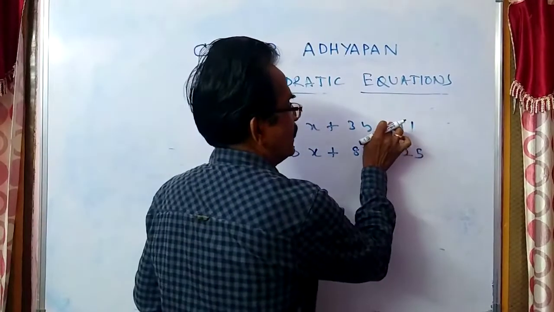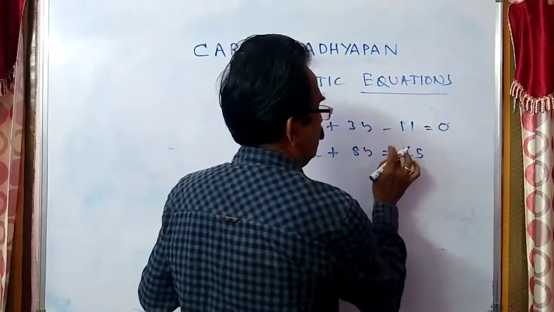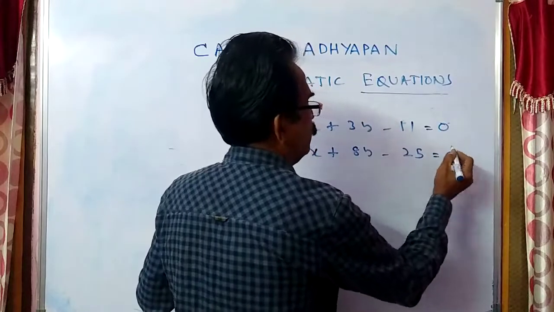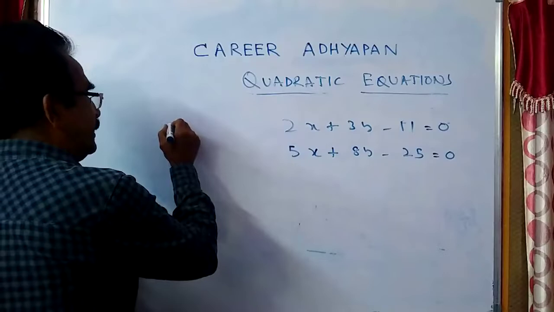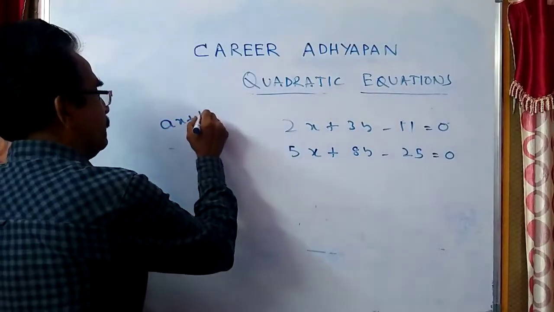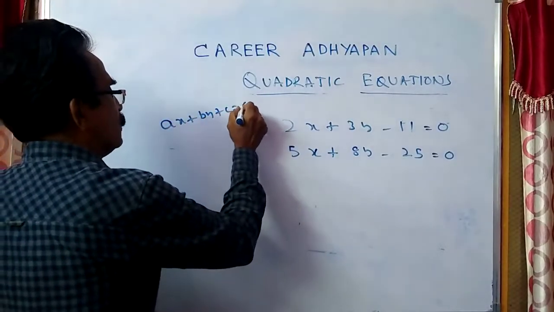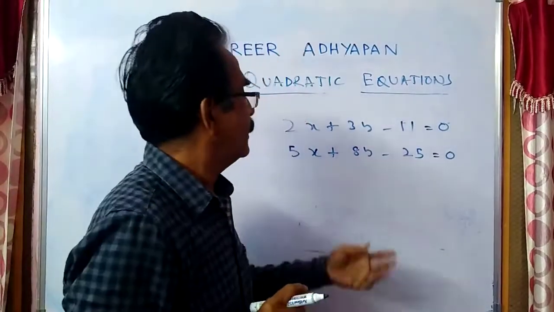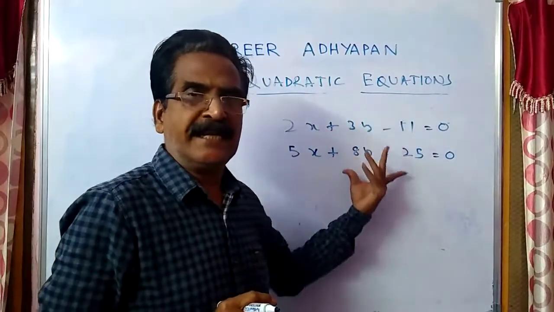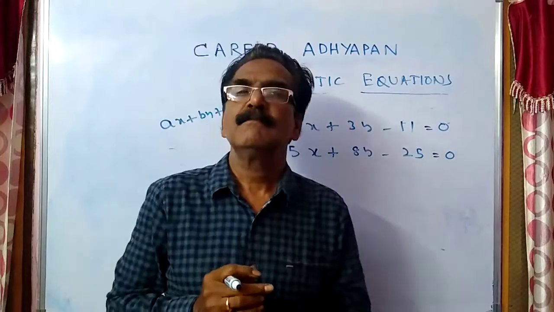2x plus 3y minus 11 is equal to 0, 5x plus 8y minus 25 is equal to 0. You know the standard form of a linear equation: ax plus by plus c is equal to 0. Here two linear equations are given.